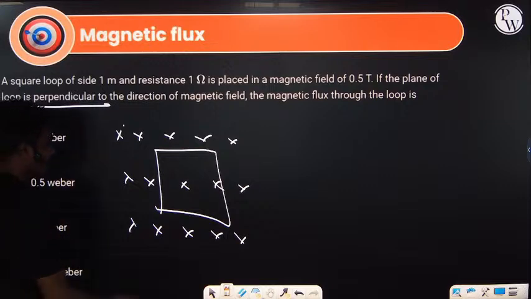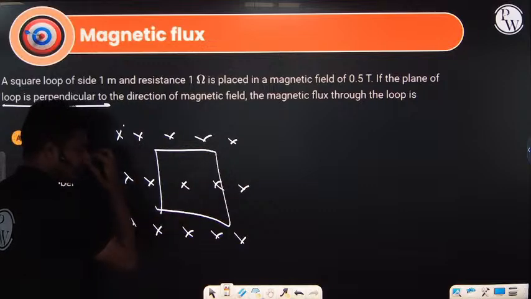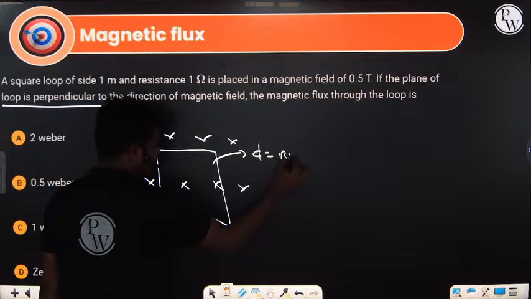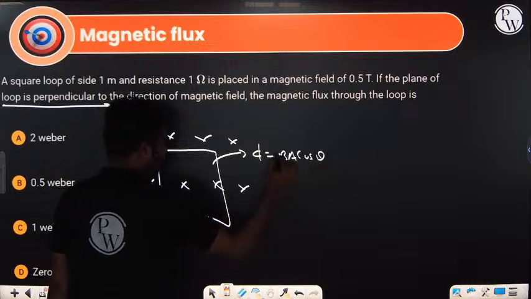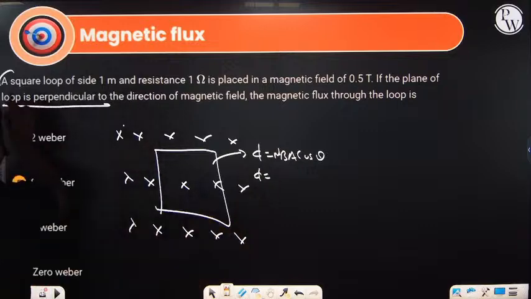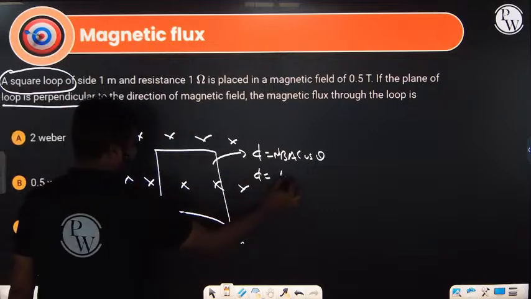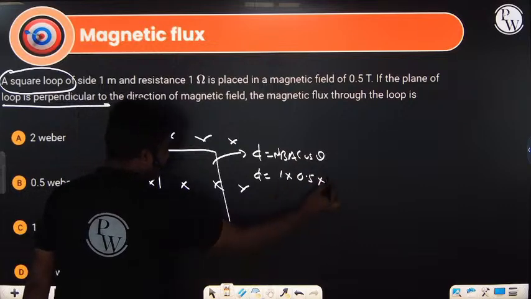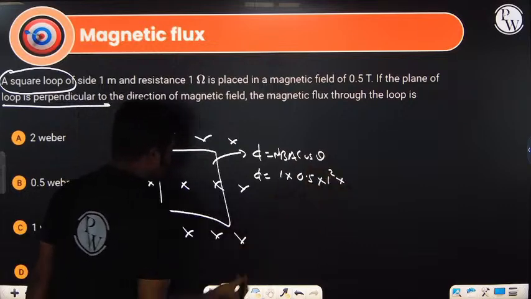What is magnetic flux? Whatever the current flowing over here, we can calculate the flux. Flux depends on two things: it is N B A cos theta. What is the N value? Only 1, since it is a square loop. So 1 into the magnetic field 0.5 into the area of the coil, 1 squared, into cos theta. What is theta?